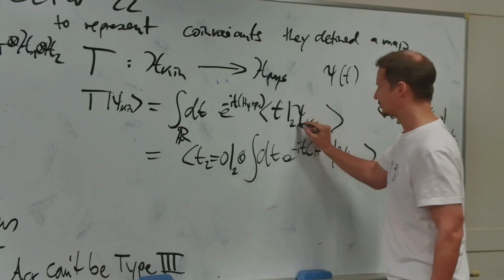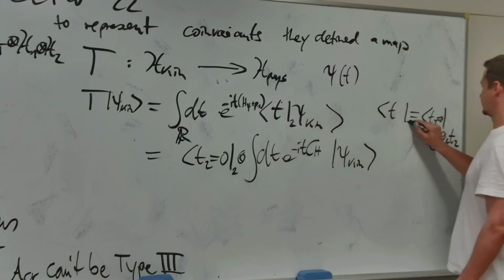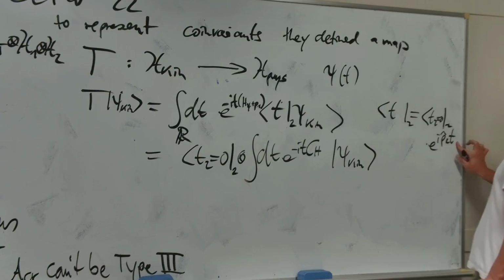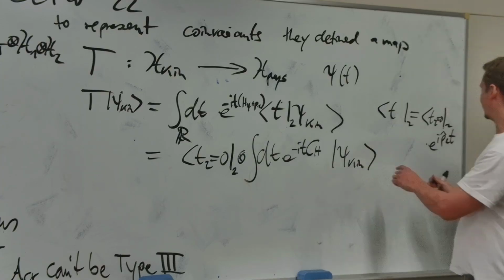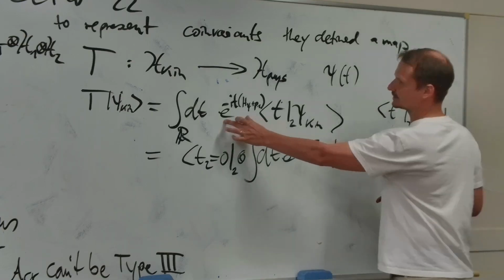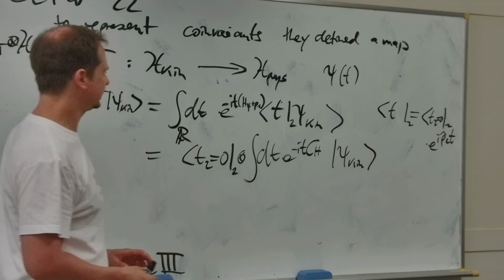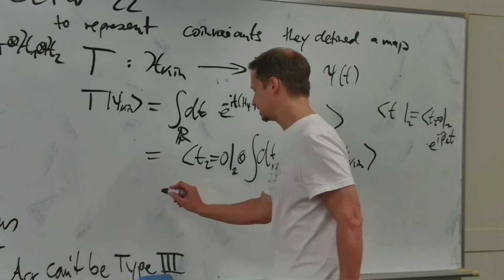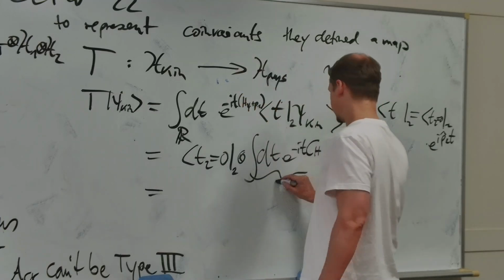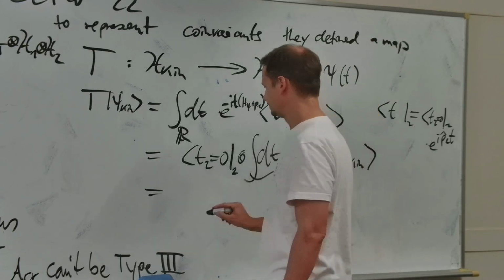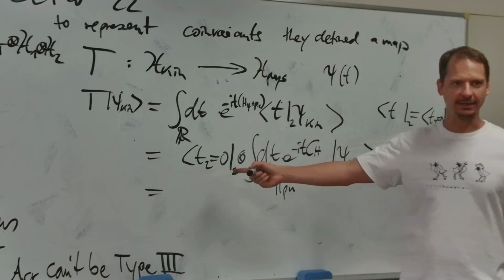This should be the 2 label should be here. Sorry about that. Should be like this. That's not T2 here. So then I can combine this factor with this one, and then using that there's a relative sign here, I can rewrite it as a constraint. And so this is, of course, nothing else than this pi pn. That's the Page-Wootters reduction map here.